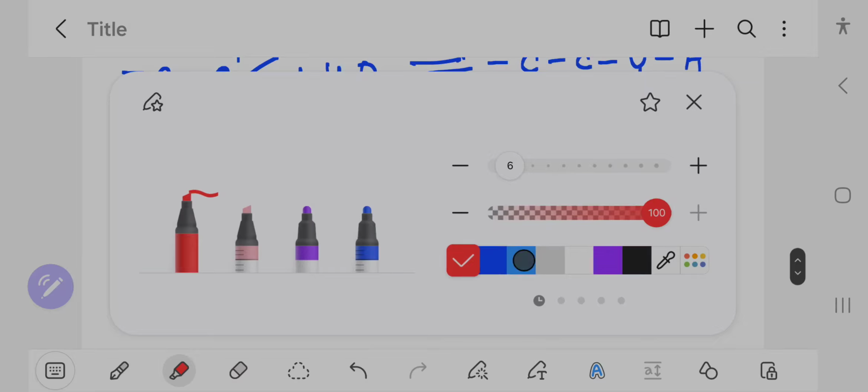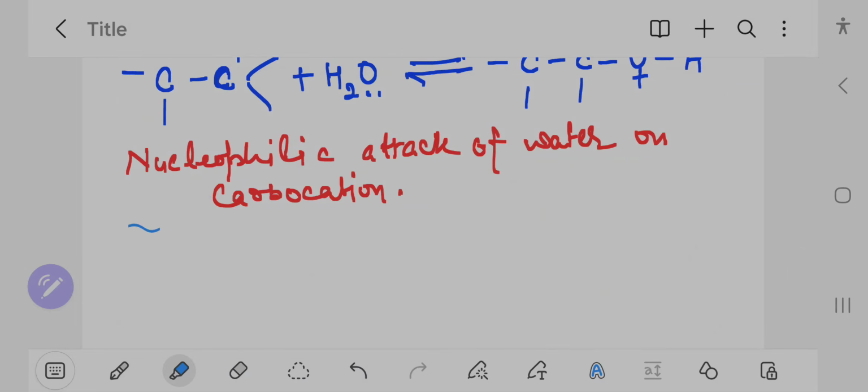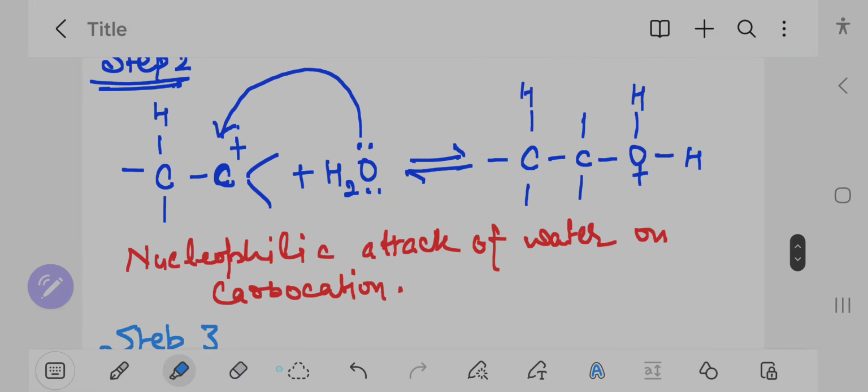After that, we will see step 3. We can see in step 2 that this compound is not a stable compound. It is a charged compound; here oxygen has a positive charge.